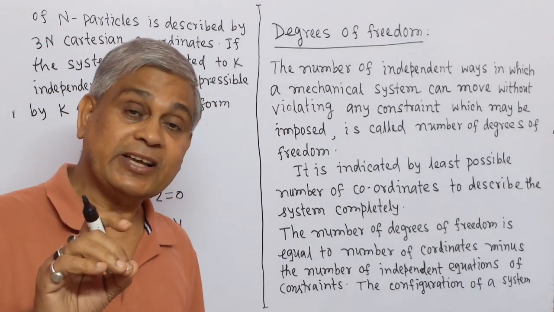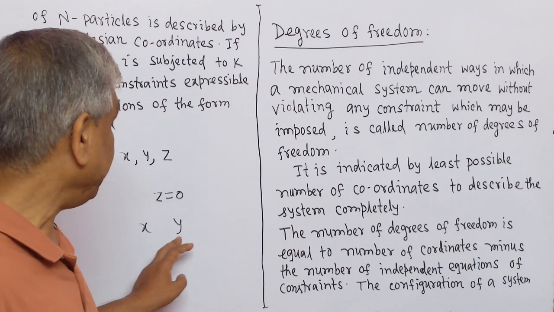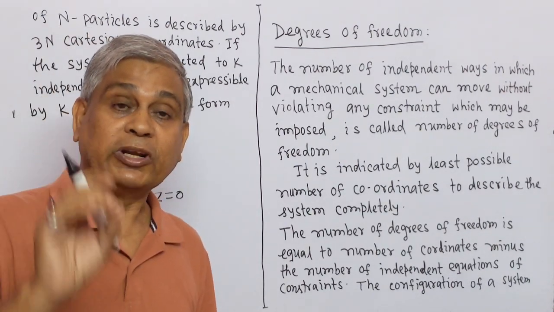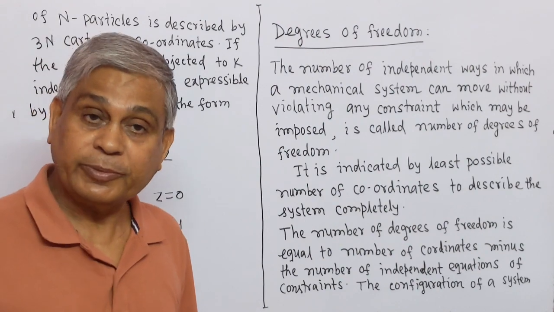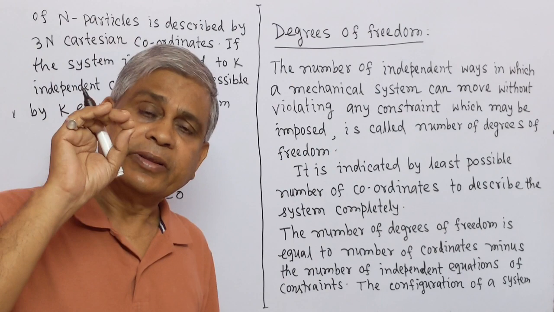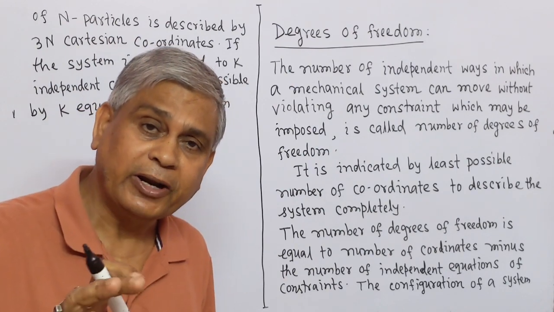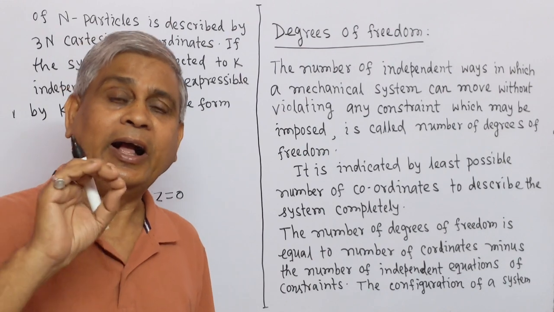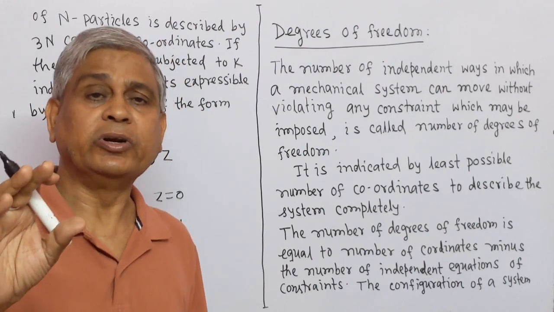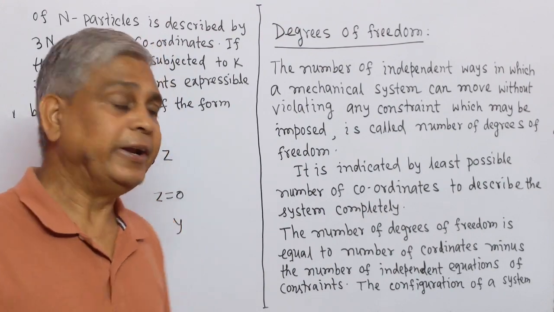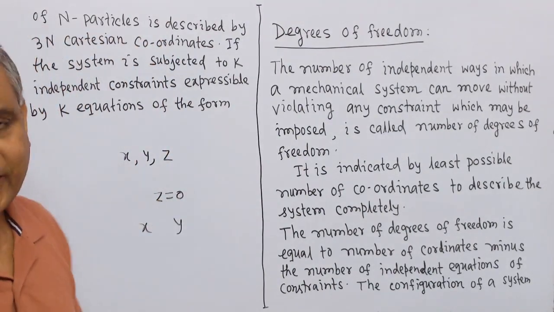These 2 coordinates are independent. x and y are independent coordinates to describe the motion of the particle in this case. So the number of degrees of freedom will be 3 minus 1, that is 2, and these 2 degrees of freedom will be described by 2 independent coordinates x and y.